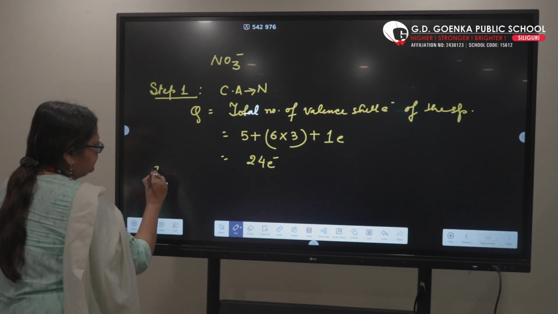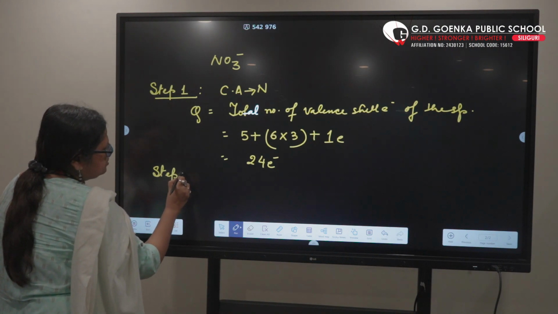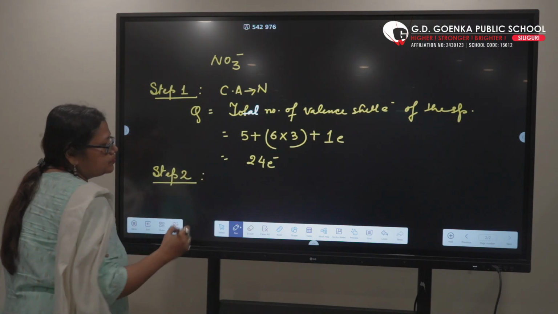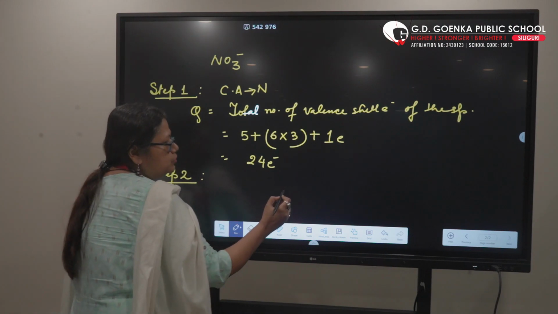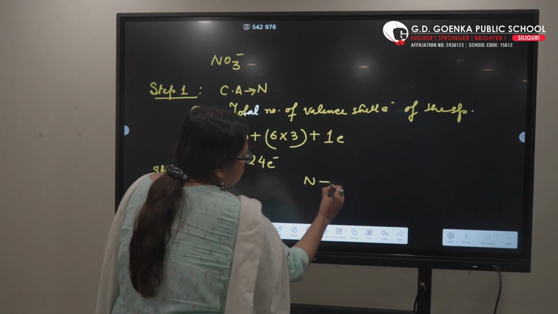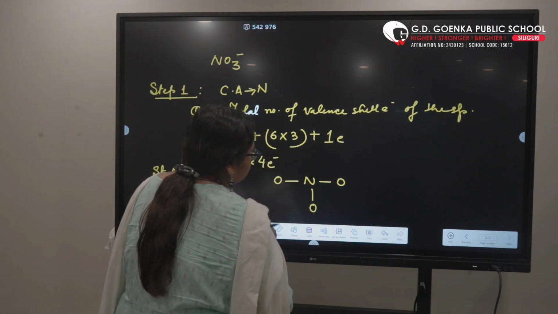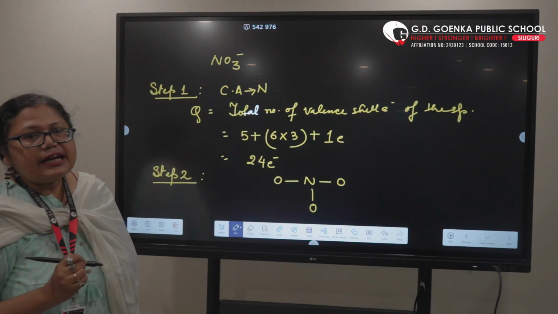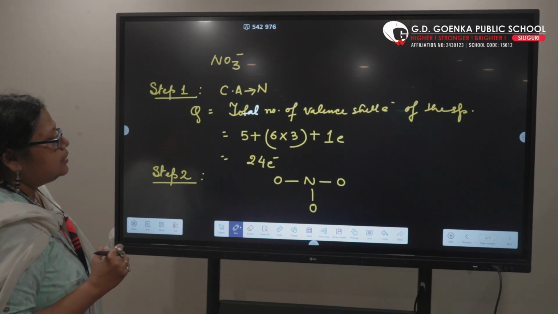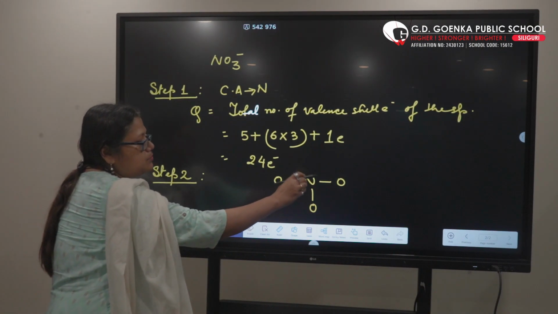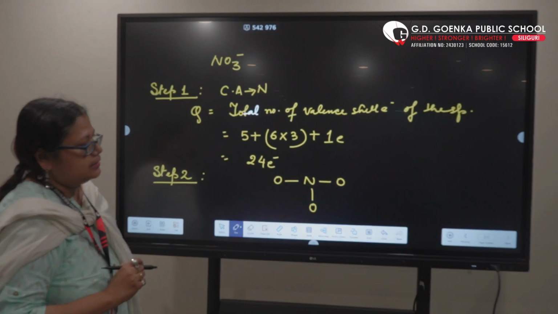Then next, what was our step 2? Step 2, we have to draw the skeletal structure with the central atom connecting the corner atoms or terminal atoms by only single bonds, that we have shown.